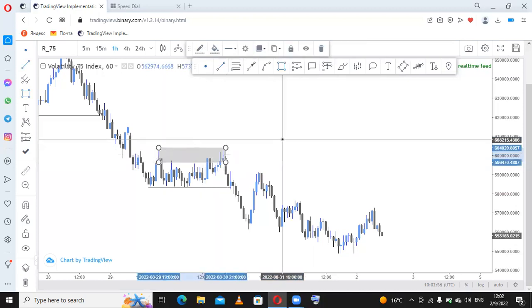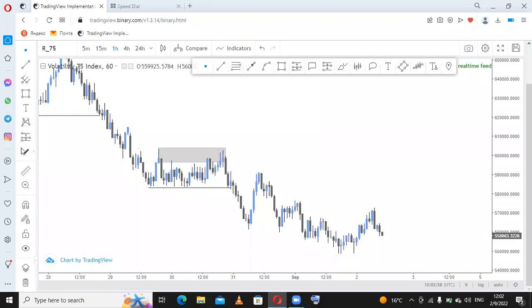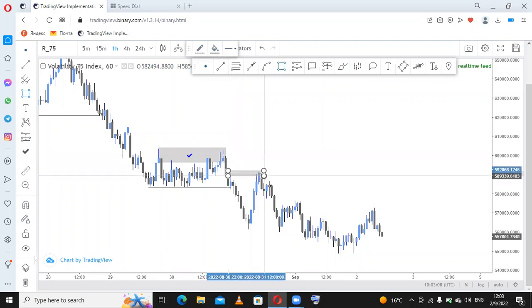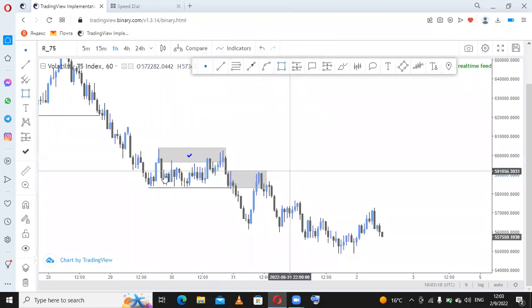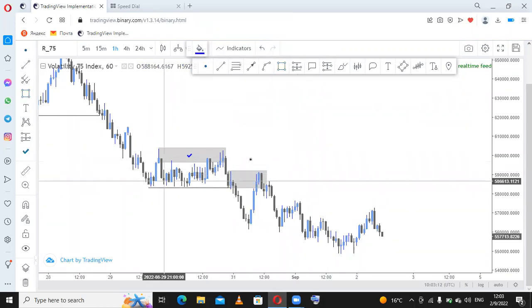Which means if price comes back here, we do not care because this is mitigated. Okay, and this one here again is mitigated. So we shouldn't focus on this one because it's already mitigated on H1.